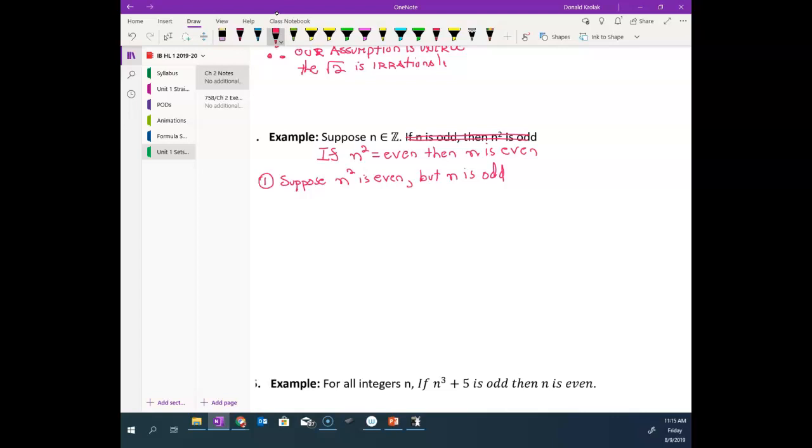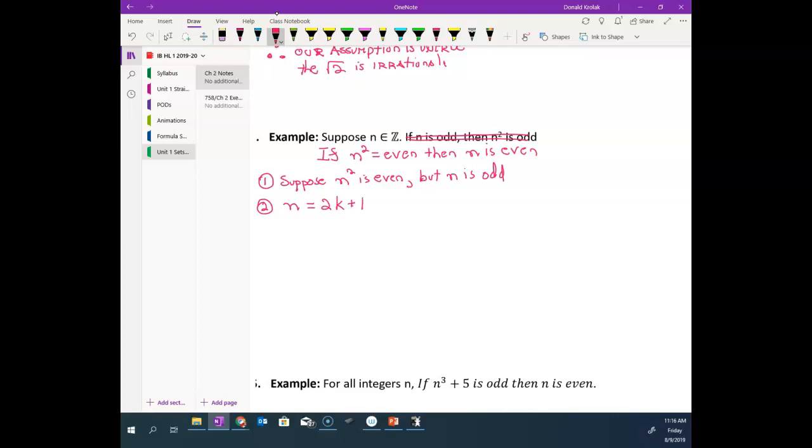All right. So, how can you write an odd number? 2 times some number plus 1. So your second statement could now be this. If n is odd, then n is going to equal 2 times some number plus 1.